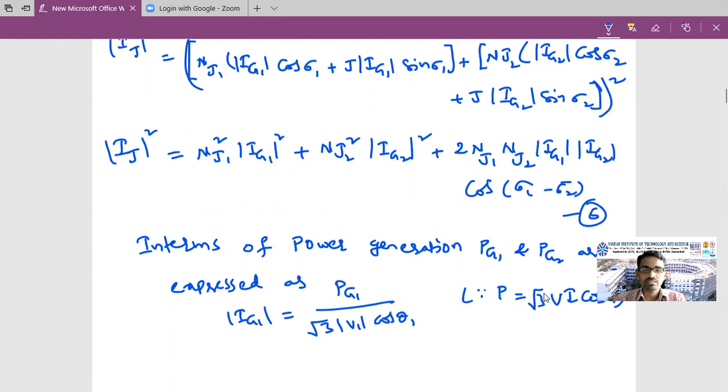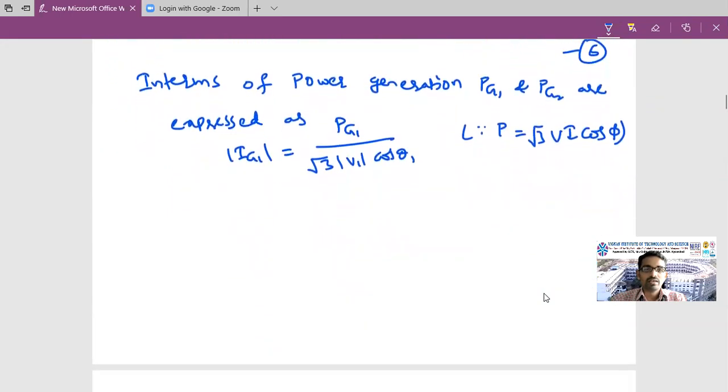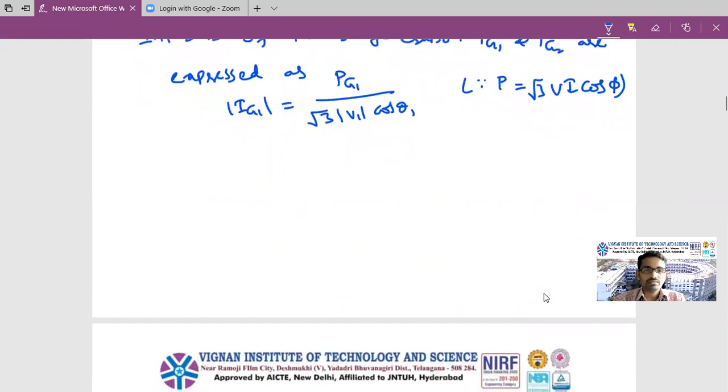If I substitute, Ig1 is equal to Pg1 by root 3 V1 cos theta 1, and the other one, Ig2, is equal to Pg2 by root 3 magnitude of V2 cos theta 2.